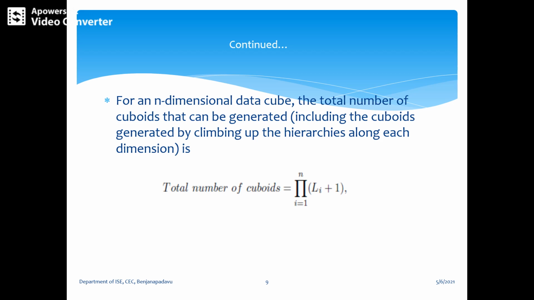For an n-dimensional data cube, the total number of cuboids that can be generated, including those generated by climbing up the hierarchy along the respective dimensions, is the product for i equal to 1 to n of (Li plus 1), where Li is the number of levels associated with dimension i, and 1 is added to Li to include the virtual top level, all.